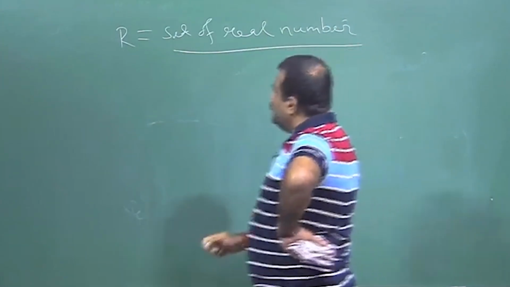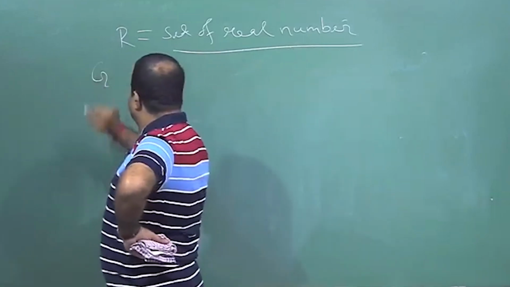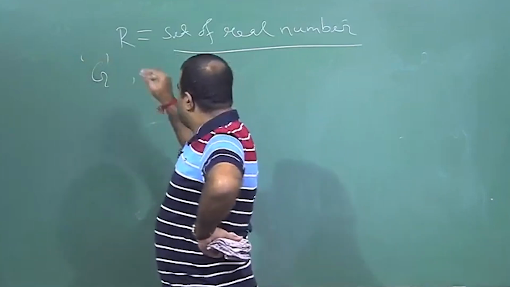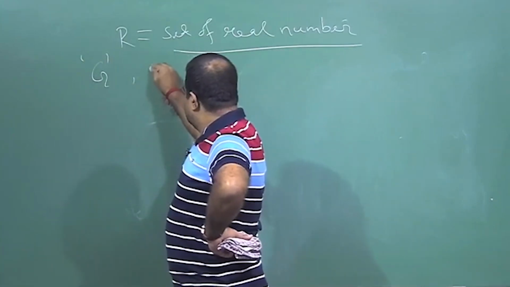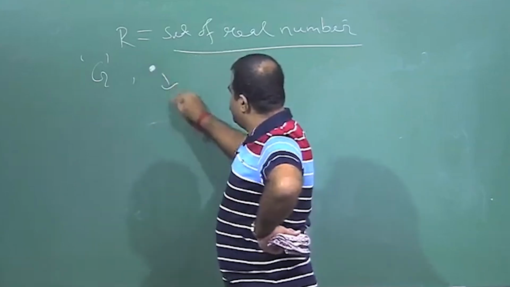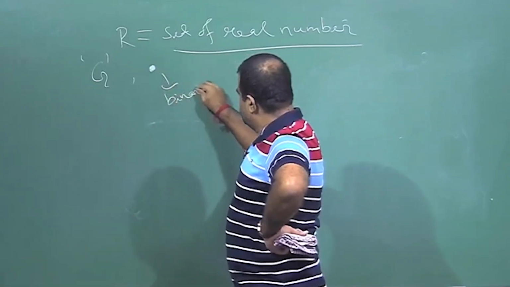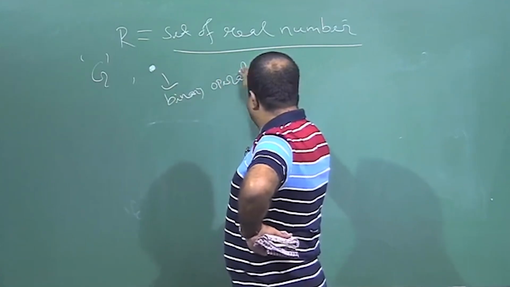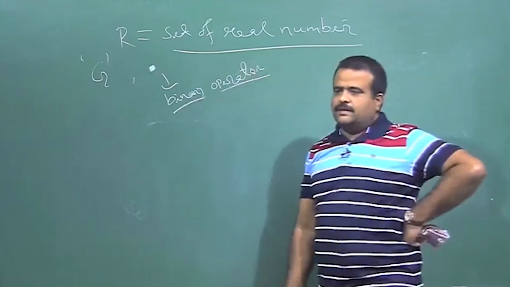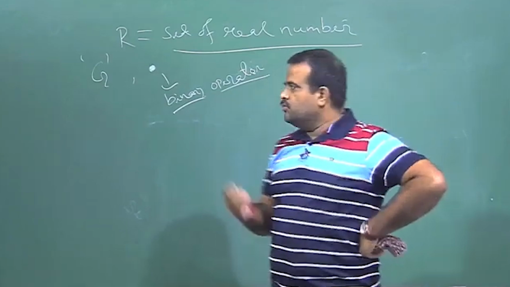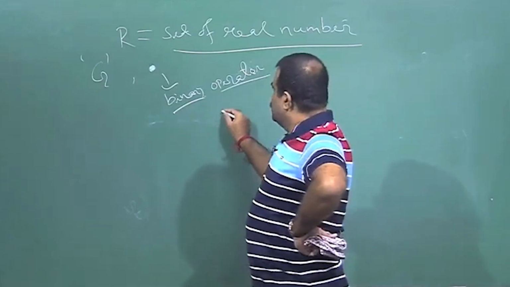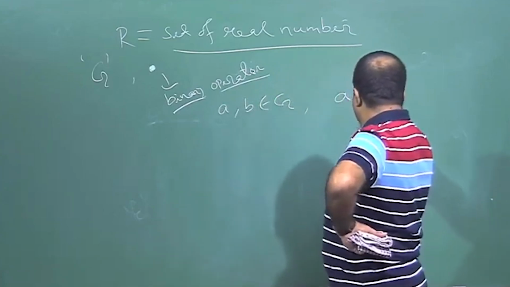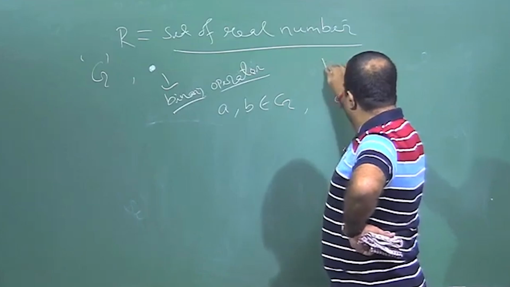Okay. Now, suppose we have a set G and we have an operator on this set. Operator means it is a binary operator. Binary operation, binary means it is taking two elements at a time. So, if A, B belong to G, then we can operate this operator, A dot B, or it could be star.